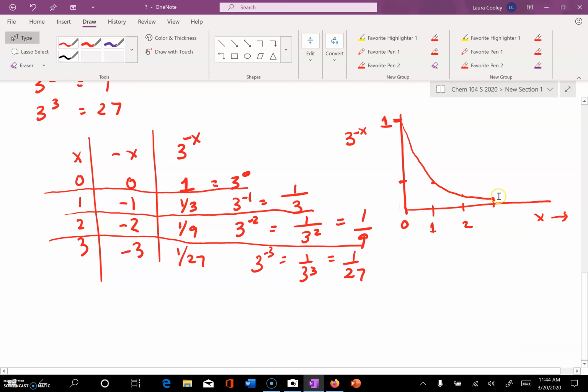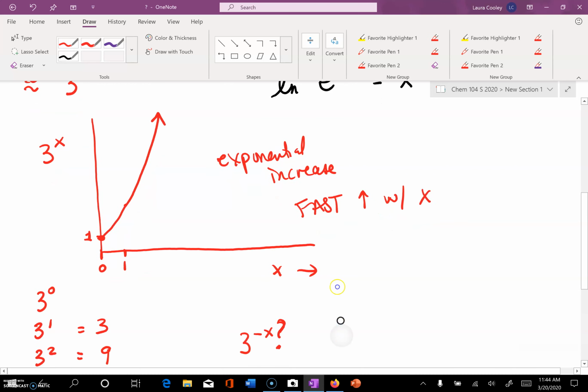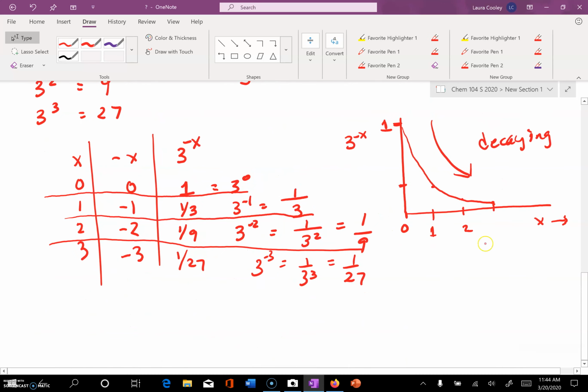So 3 to the minus x, we call this a decaying function. It's exponentially decaying. Just the way 3 to the x is an exponential increase, a very fast increase with increasing x, this one we see a very fast decay.